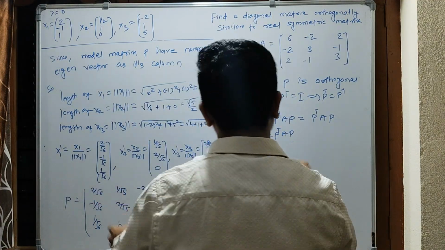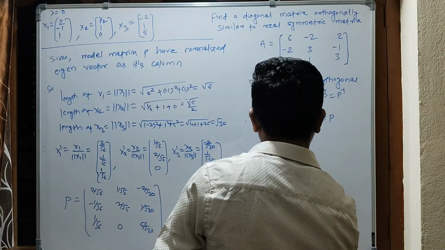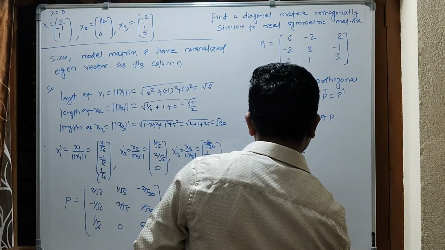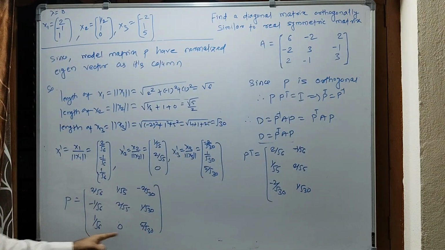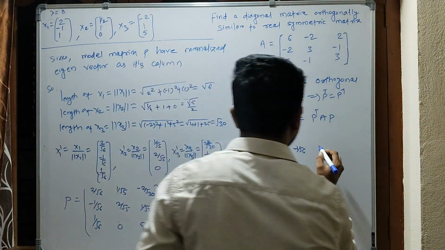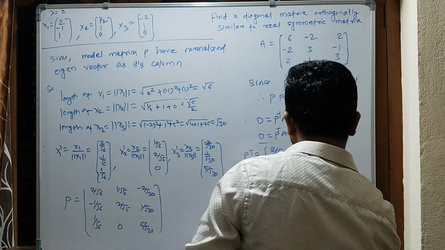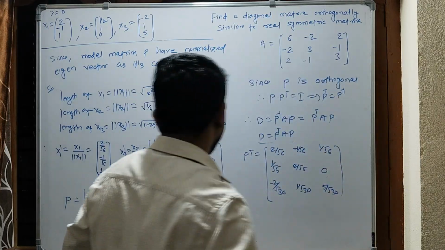The second row becomes the second column: minus 1 by root 6, 2 by root 5, 1 by root 30. The third row becomes the third column: 1 by root 6, 0 and 5 by root 30. So this is my P transpose matrix.